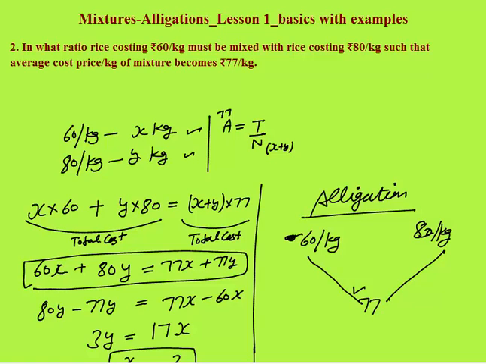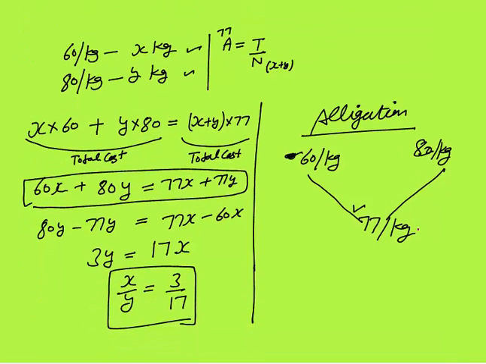Average cost would be 77 per kg. First you need to write which two things you are going to mix. So I will write this on the top, 60 per kg and 80 per kg. My average price should be 77 per kg.